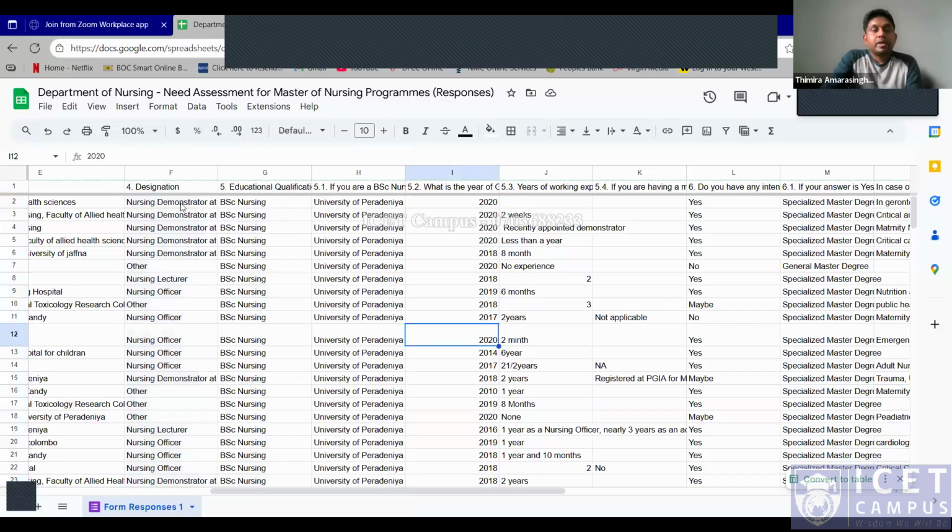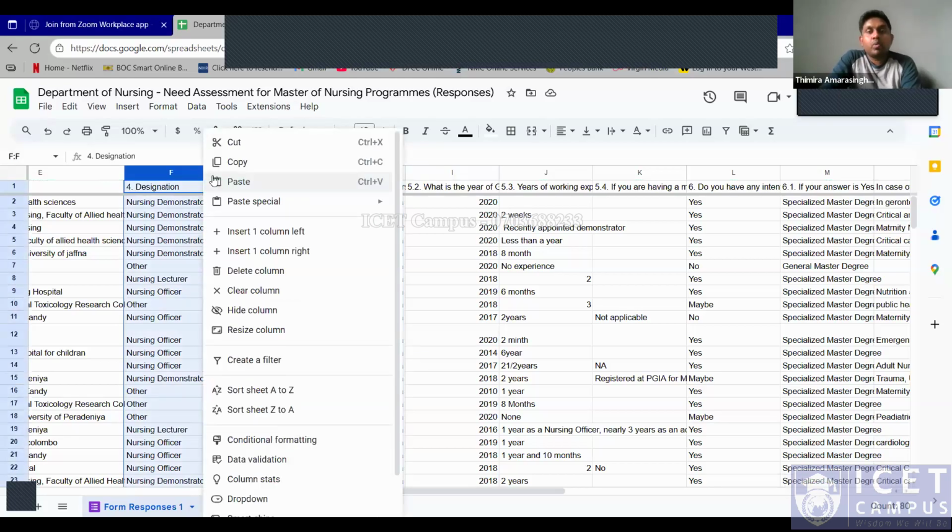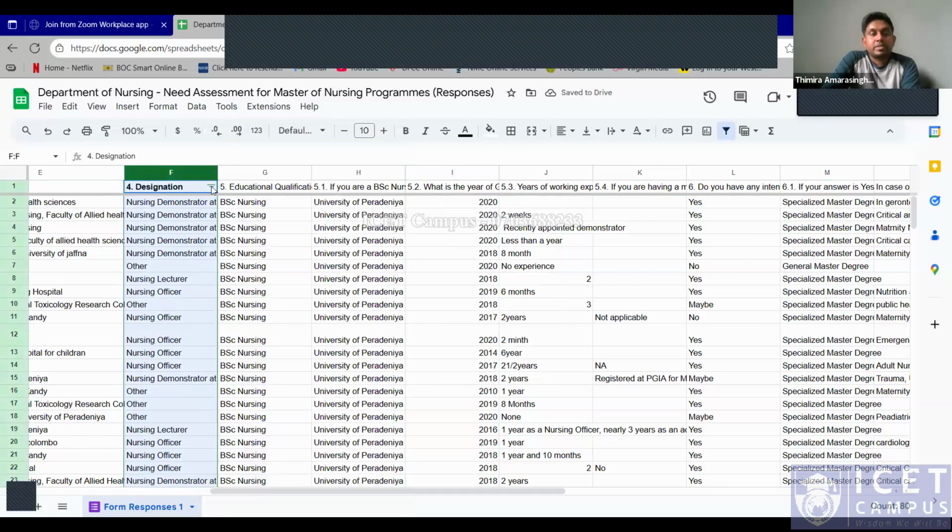Right. So the codings, how to replace the text with the codes, I'm not going to explain. They are more into the data assessment, data analysis part. But the simple filtering operations we can use for data replacement.